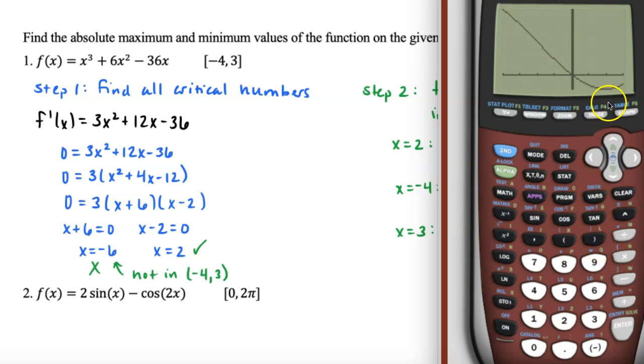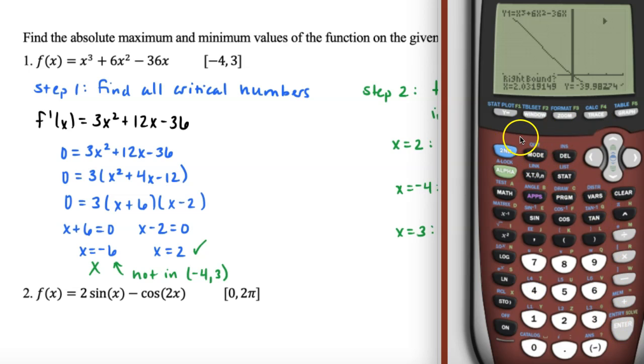All right. And I can see that right here looks like it's my minimum. If I go to second trace and trace that value, I saw that that happened at x equals 2. Yes, I can see that y is negative 40, so that's my minimum. And then I saw that my maximum occurred at that endpoint of x equals negative 4.